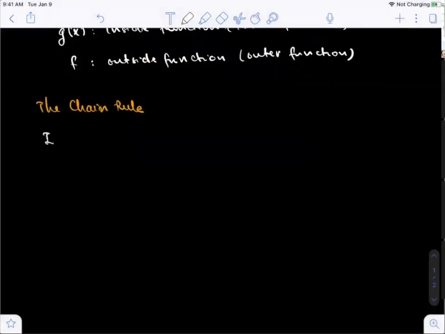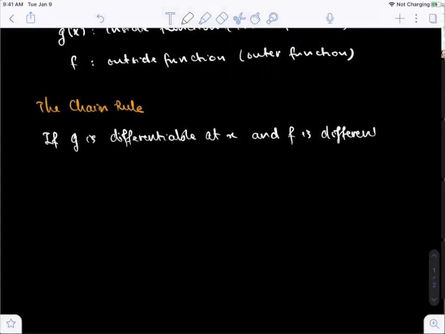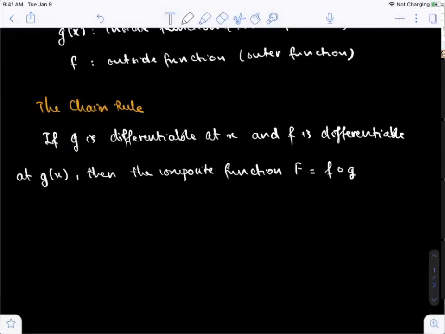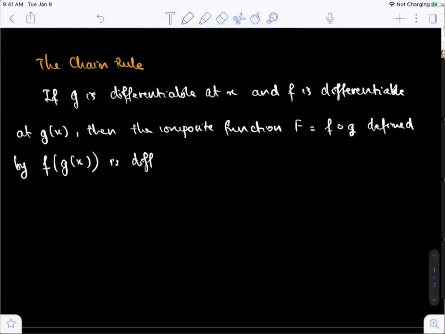For the chain rule, let's say that if g is differentiable at x and f is differentiable at g of x, then the composite function capital F equal to f composed with g, defined by f of g of x, is differentiable at x and F prime is given.